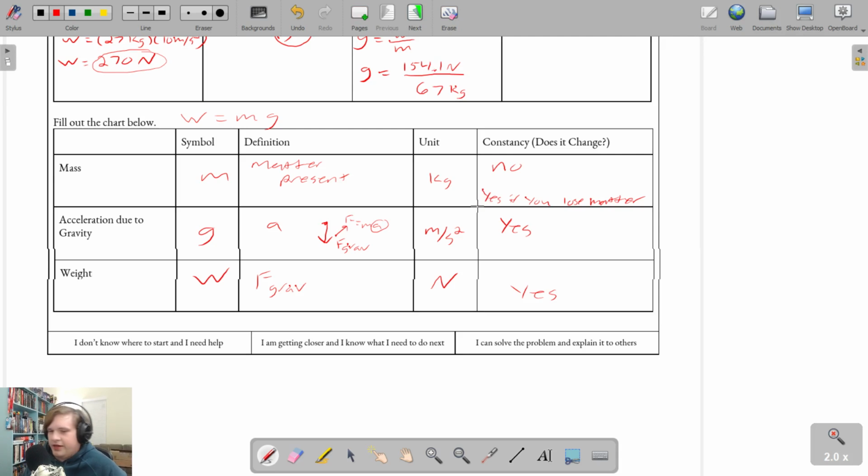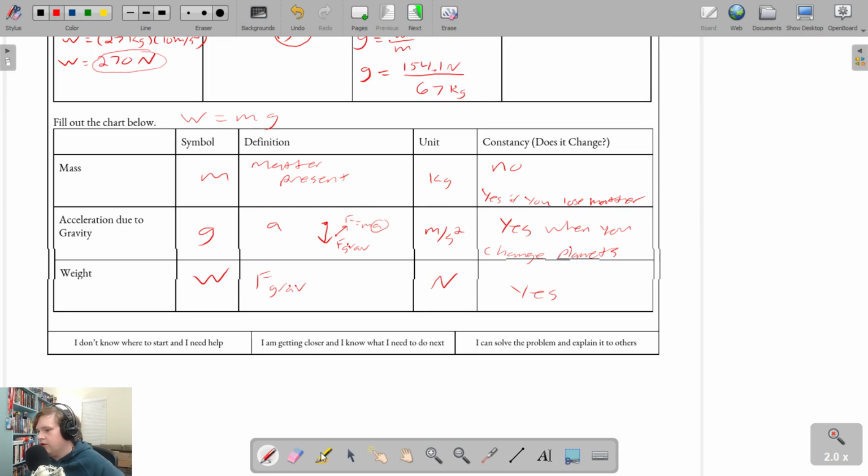You don't instantaneously lose mass. You can lose mass, you can definitely gain mass, but you don't instantaneously do it, so we don't really care. We're going to say no for most of the time. It's yes if you lose matter. Acceleration due to gravity is yes when you change planets. You know, you're constantly going to Mars. And so weight is dependent on both mass and gravity, so it will change.